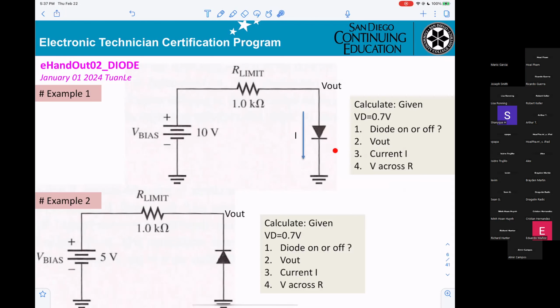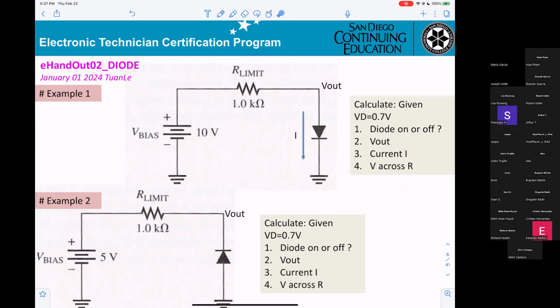In order to know that, you have to know the voltage on the anode here and the cathode here. The anode has to be greater than or equal to 0.7 volt, then they're on. Otherwise, they will be off. How do we know?